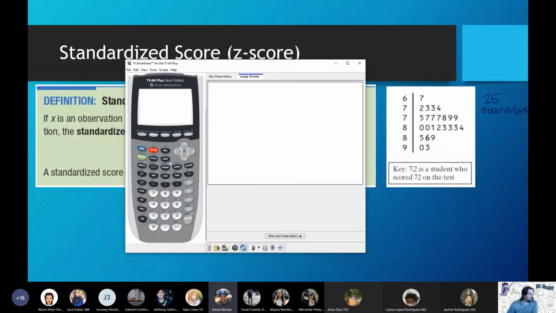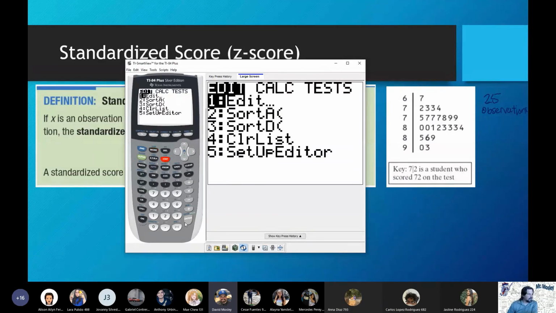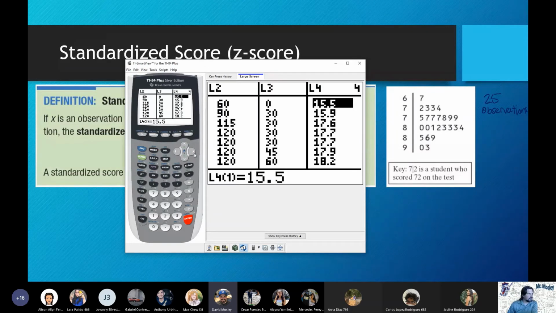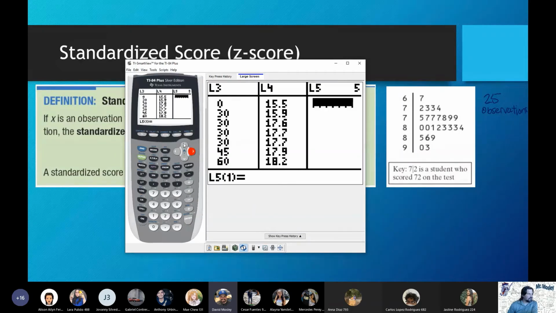We're going to go into STAT and Edit, and we'll just use list 5 because I don't want to clear out the other ones at the moment. We'll put our data in here.